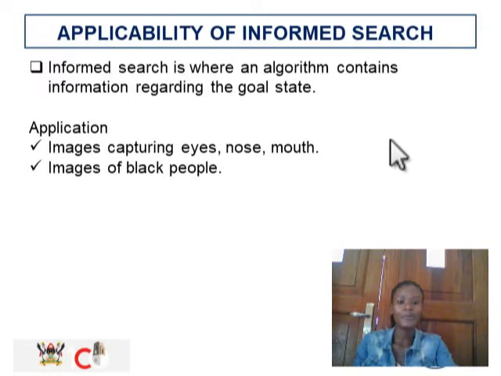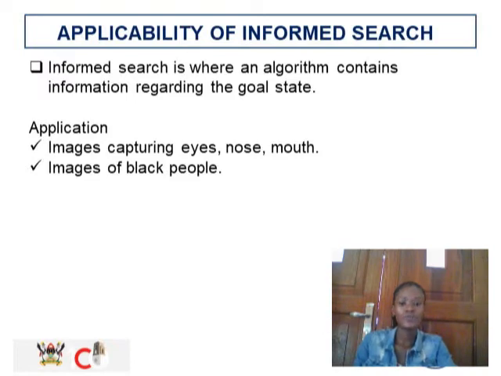You know your main focus. Even if I told you to write an algorithm that is only going to capture black people, you're sure of the goal set, you're informed about it. That's how informed search works.